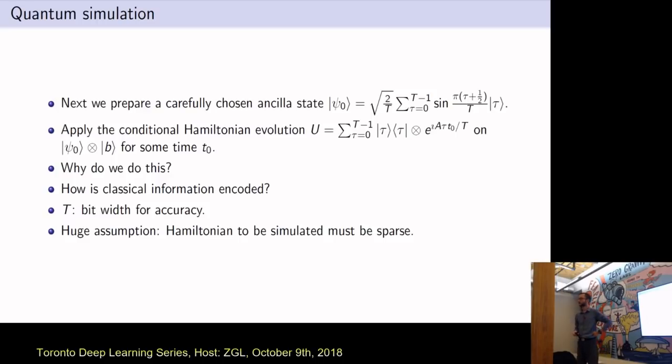Just to make sure I'm understanding correctly, the U is not the Hamiltonian. If a system's Hamiltonian is A, after T0 time, the operator governing input to output would be the U that we have there. Or is U itself the Hamiltonian? Here the Hamiltonian that they're interested in is this A, and that is integrated over T0 time.